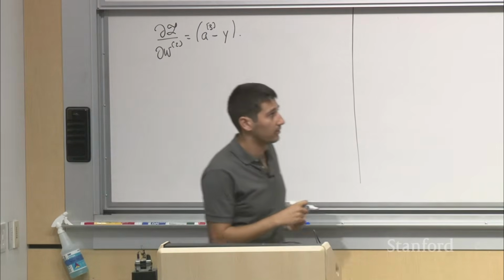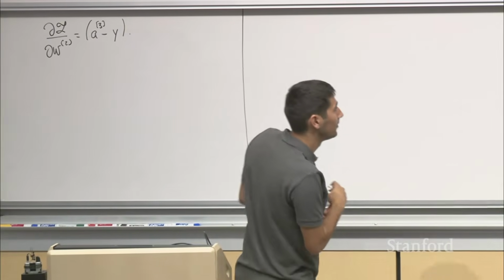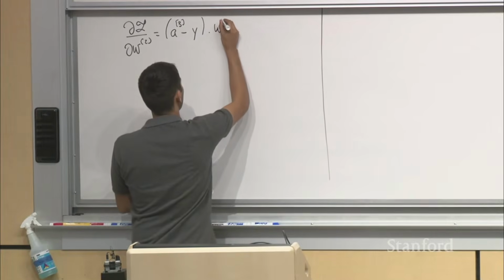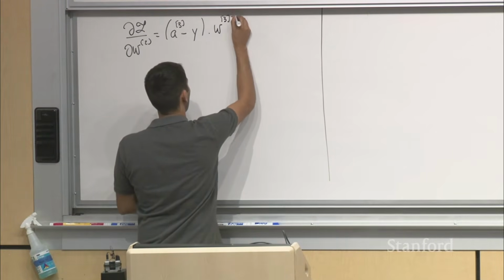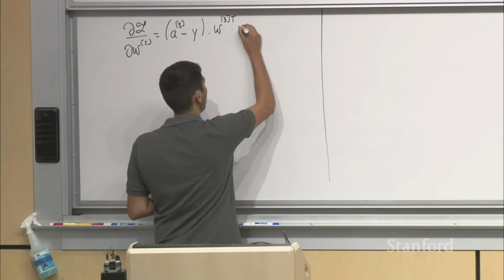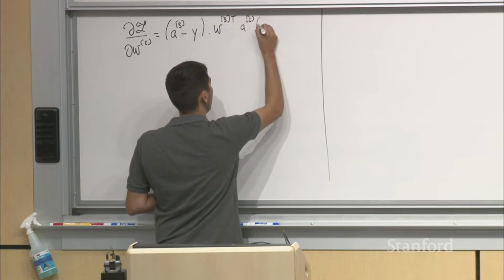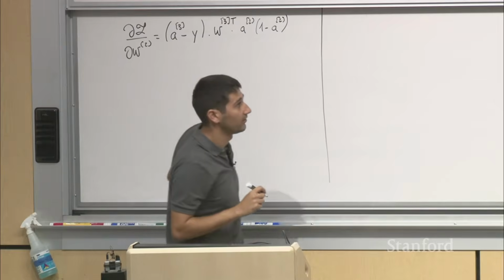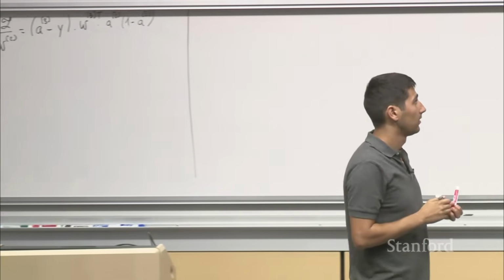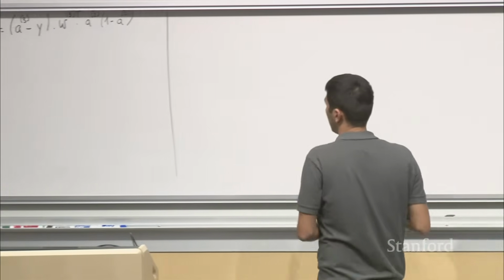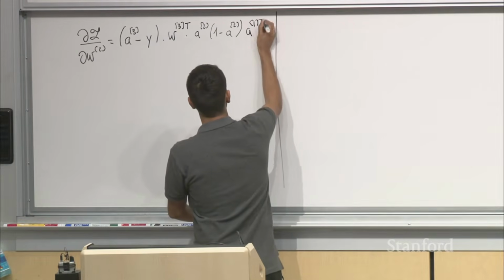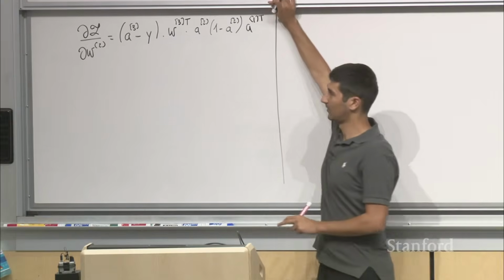The second term seems to be equal to W3 transpose. Then we have a term which is A2 times 1 minus A2. And finally, we have another term that is A1 transpose. So are we done or not?